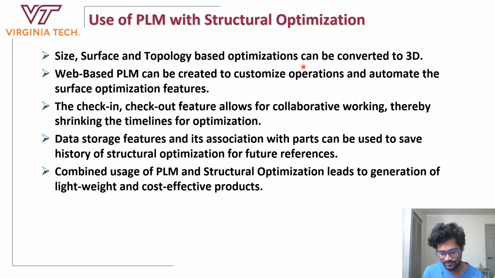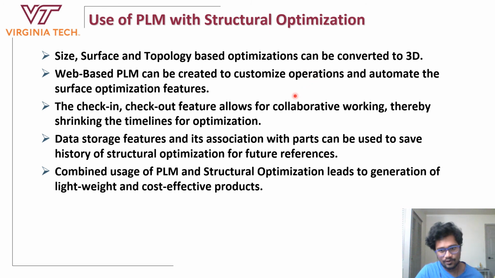So we have now reached a stage where the output of structural optimization can directly be taken as an input to the PLM software. And also, as observed, it requires a lot of human touch. Someone has to download it from the PLM system, input it into the optimization software, and the result comes as an optimized one.